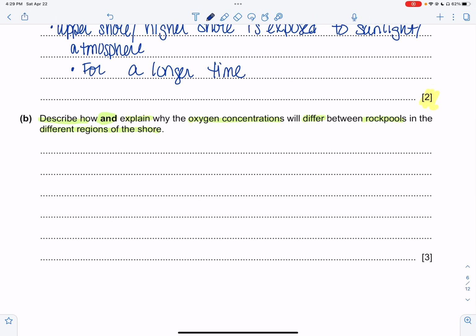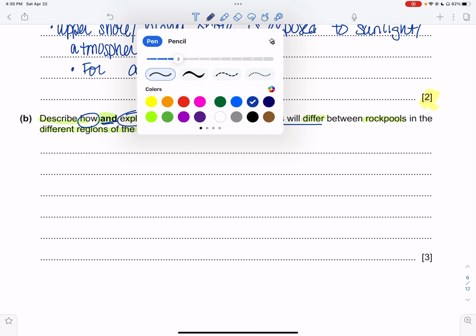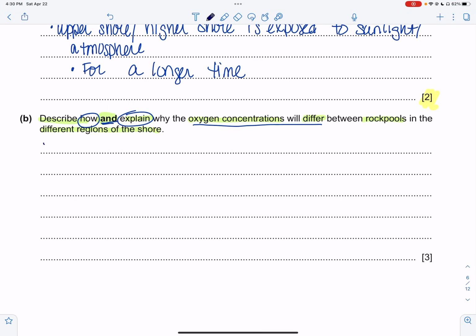Okay, so describe how the oxygen concentration will differ. So describe, how is that going to be different? And you need to explain your reason for that between different regions. Okay, and you can have the reverse argument for this, but I'm going to be talking about the upper shore.